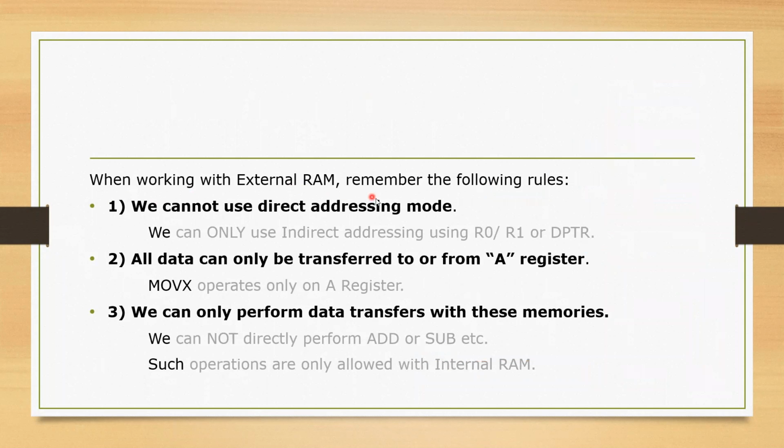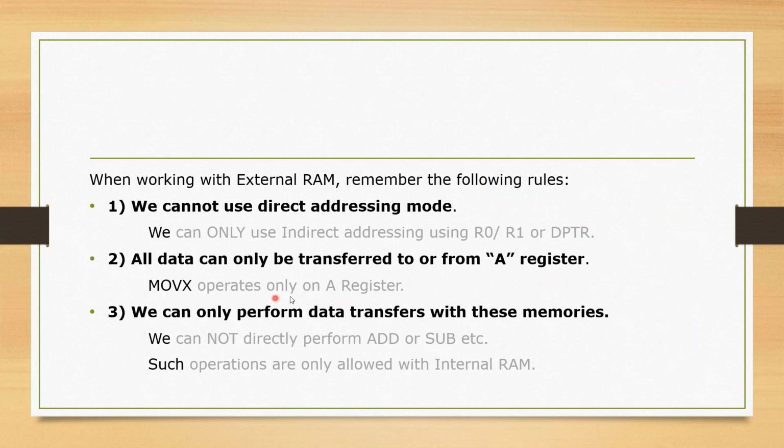When working with external RAM, remember the following rules. We cannot use the direct addressing mode. Only indirect addressing using R0 or R1 or DPTR can be used for transferring data with the external RAM. All data can only be transferred to or from the accumulator register.